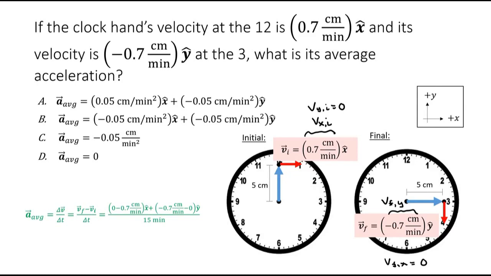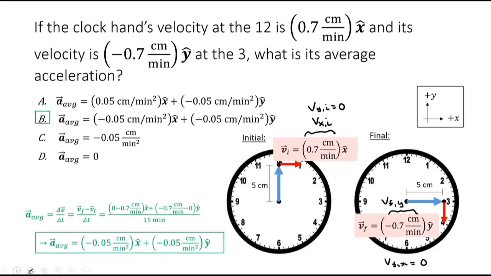All right, and then we divide by the amount of time it takes for the hand to move from the 12 to the 3, which is 15 minutes. All right, we can distribute that 15 minutes to both the x and y components, and so you should end up with answer B here, minus 0.05 centimeters per minute squared in the x-hat direction and minus 0.05 centimeters per minute squared in the y direction.